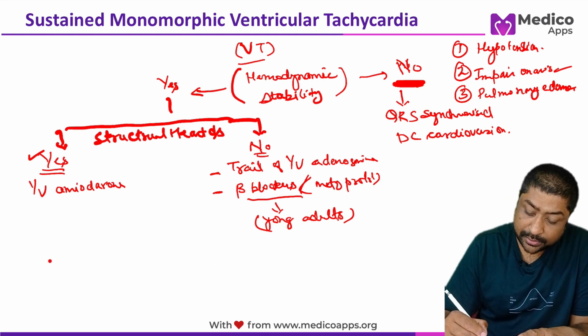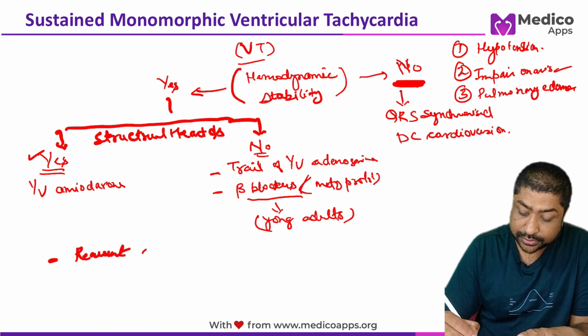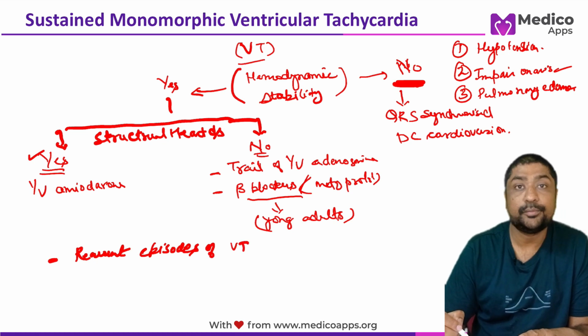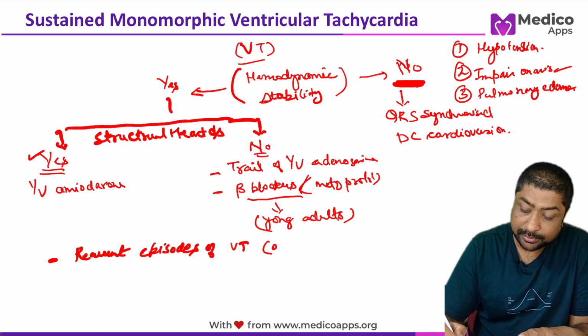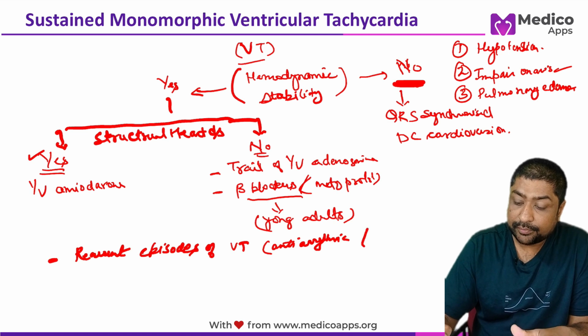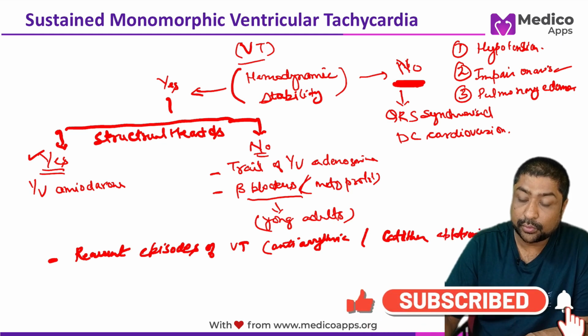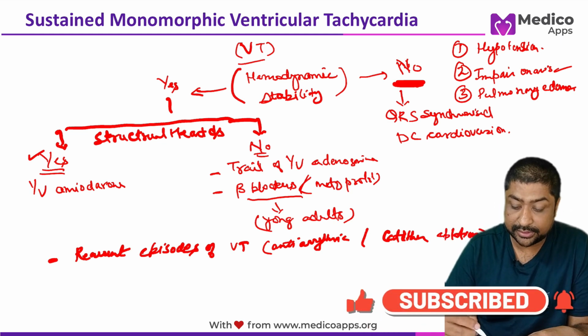Let's say you have a patient who is having recurrent episodes of ventricular tachycardia. What will you do? You can put him on antiarrhythmics, or you can go for catheter ablation.